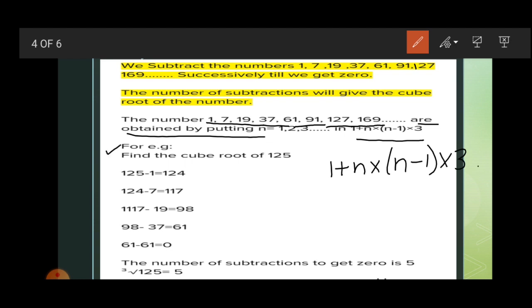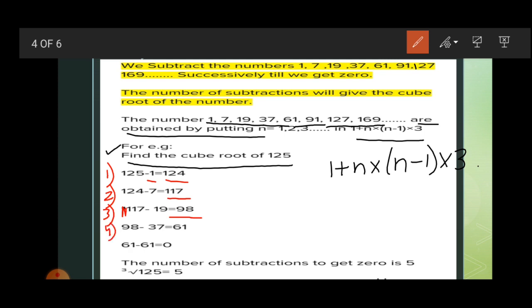For example, find the cube root of 125 by the successive subtraction method. First step, from 125 subtract 1, we get 124. Then 124 minus 7 is 117. Then 117 minus 19 is 98.